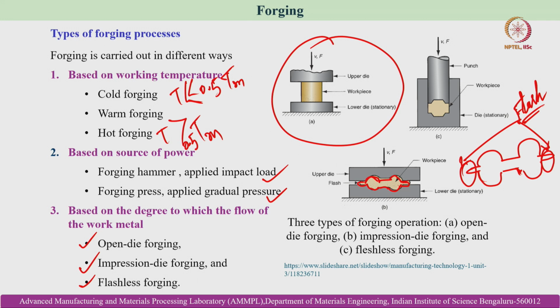It is quite similar to impression forging, because here also there is an impression in the die that we are achieving in the forged part. However, in this case there is no flash generated, so that is why we call it flashless forging. So it is the third variant.